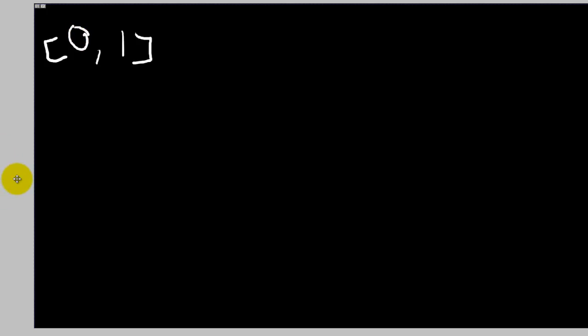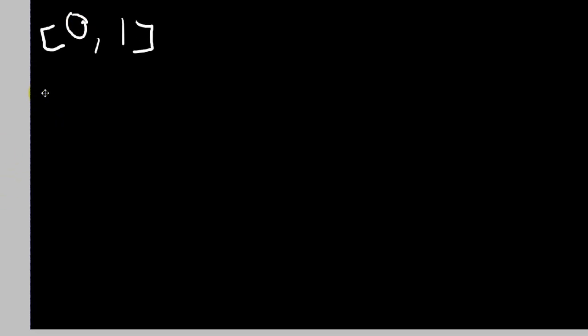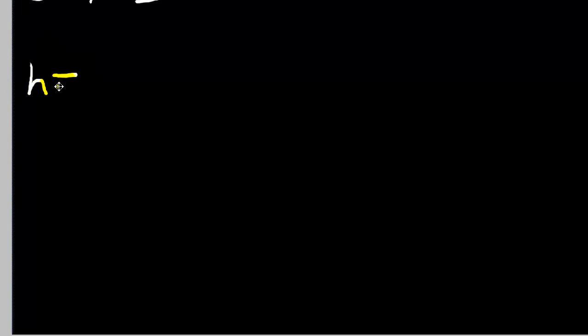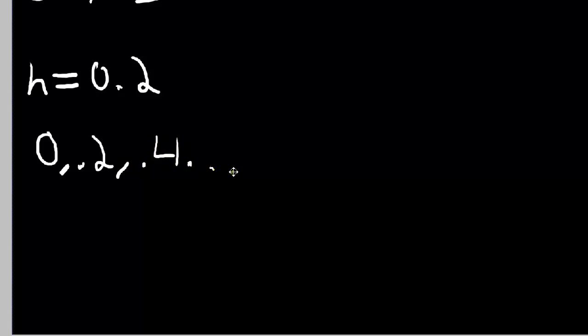And we want our h value to be 0.2. So this means that we're going to start at 0, then we're going to do our step size, which is 0.2, and then we're just going to keep adding that until all the way until we get to 1, which is the end interval.